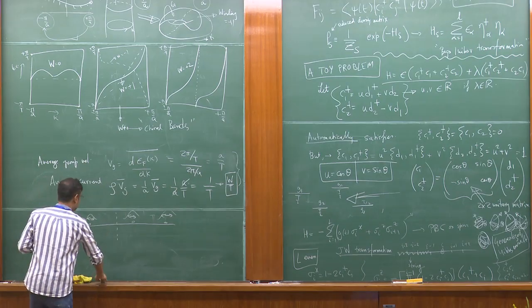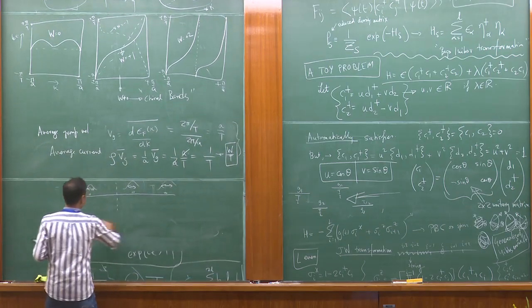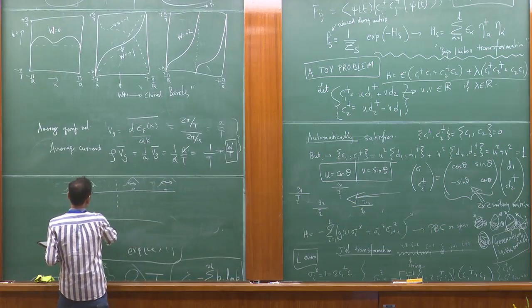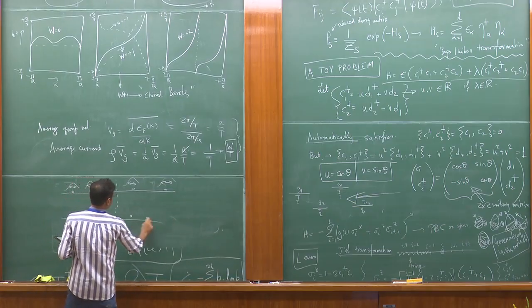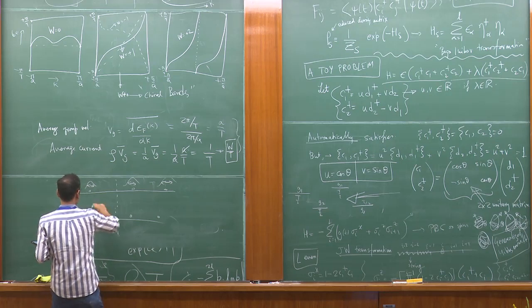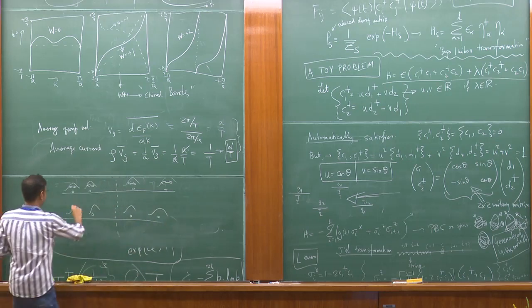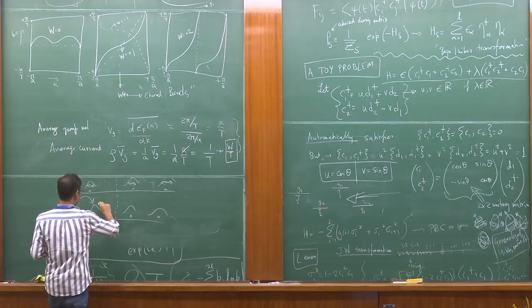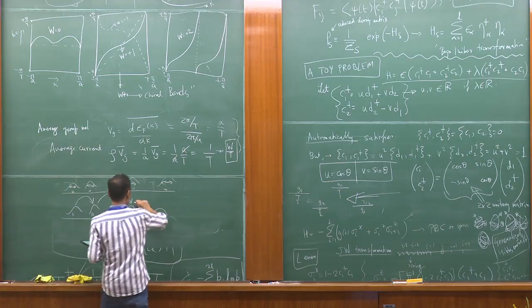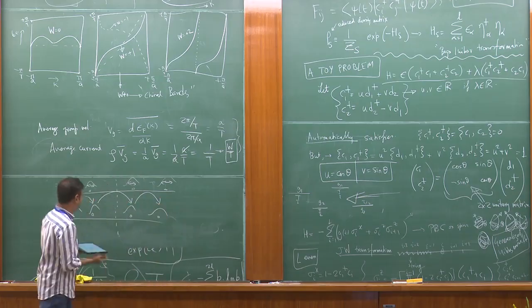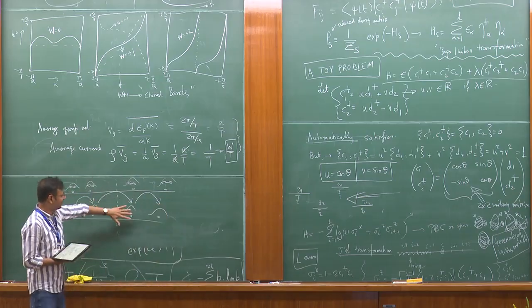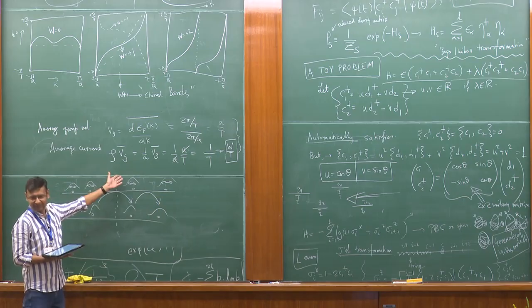However, imagine a situation like this, where in one full time cycle, this fermion has gone here, this fermion has gone here, this fermion has gone here. If you just look at it stroboscopically, you cannot distinguish between this picture and that picture.